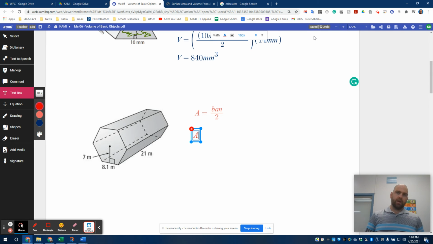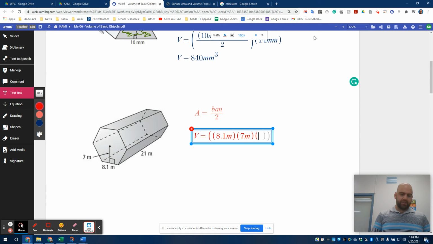So area, sorry, now we're going to go volume. Volume is equal to, I'm going to put this into brackets here, the base, 8.1 meters, times the apothem, 7 meters, times the number of sides, which is 6. And then we're going to divide that all by 2.